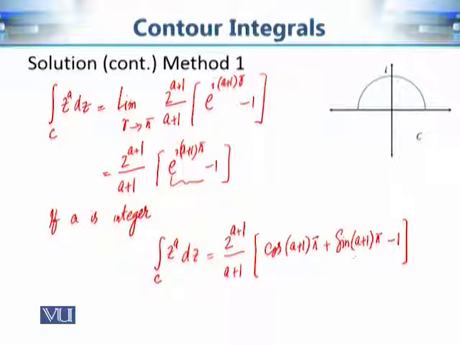And we know that if a is an integer, then a plus 1 is an integer, and sine of an integer multiplied by pi is basically 0, so this term is 0. We also know that if this is an integer, then cosine of (a plus 1) pi becomes minus 1 raised to power a plus 1. So the answer in this case is going to be equal to 2 raised to power a plus 1 divided by a plus 1 times (minus 1 raised to power a plus 1, minus 1). So this is the answer in the case if we use this limit.